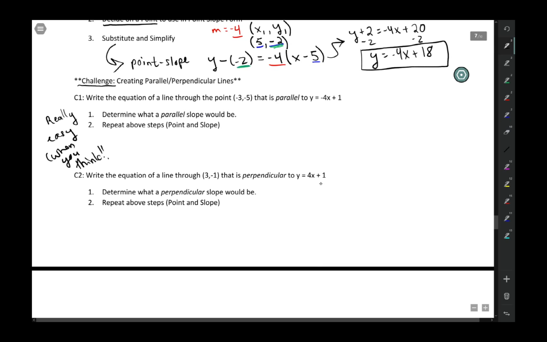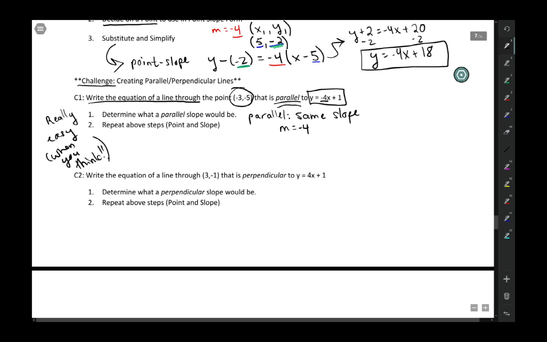Determine what a parallel slope would be. So we want to write the equation of a line through the point that is parallel. Now, if you remember, parallel lines means same slope. If we want it to be parallel to this line, and the slope is currently -4, the slope we'd want to use would be the same, or -4.